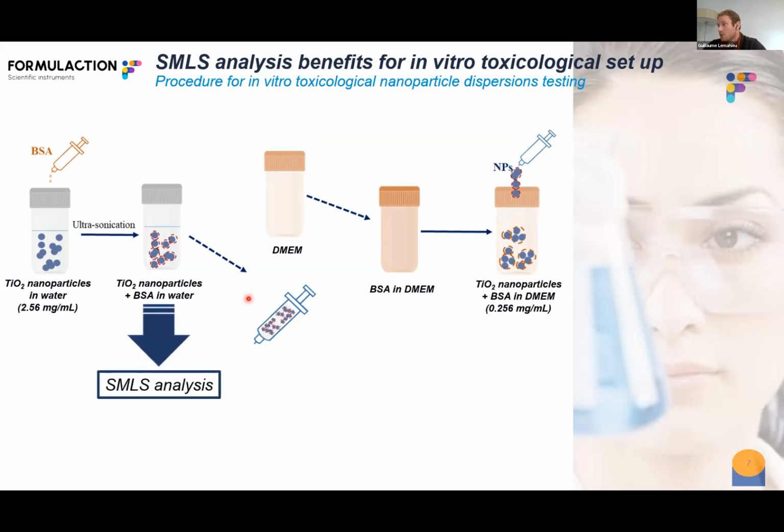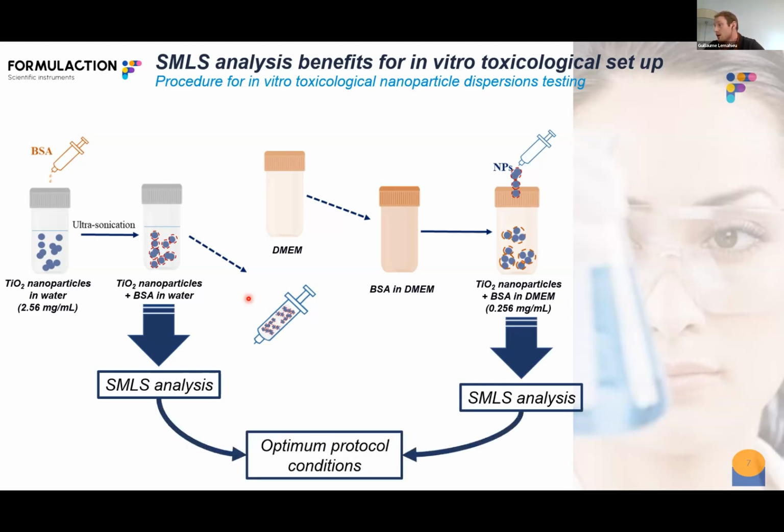What we made was the static multiple light scattering analysis before putting these particles into the cell culture medium, and after, to see the agglomeration state of the particles and if these particles are really well dispersed, with a view to defining optimum protocol conditions to use these particles afterwards in toxicological analysis.